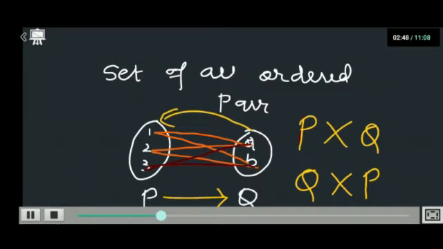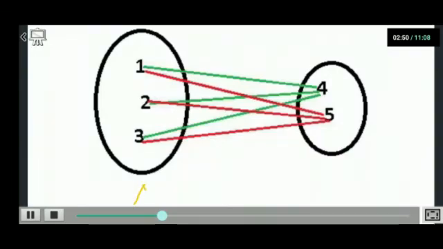Very clearly you can see here I have a non-empty set, let us name it A, and the other non-empty set B. Each and every element of A is mapped with the elements of B. This connectivity is called mapping. 1 is mapped to 4 and 5, 2 is connected to 4 and 5, as well as 3 is connected to 4 and 5. It means it is having all possibilities of connectivity from one set to another set. So this is actually the definition of Cartesian product.